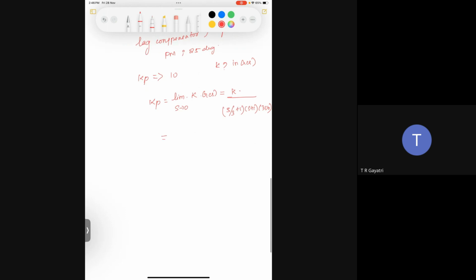K is already given in the question, so I just took it as 10, K by 0 plus 1, 0 plus 1, 0 plus 1. So K equal to 10 is your first answer.